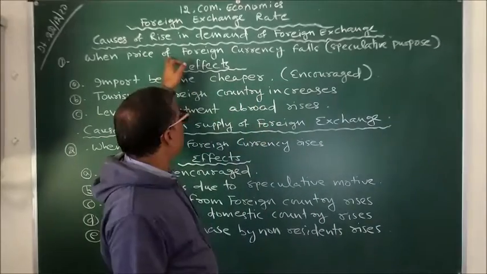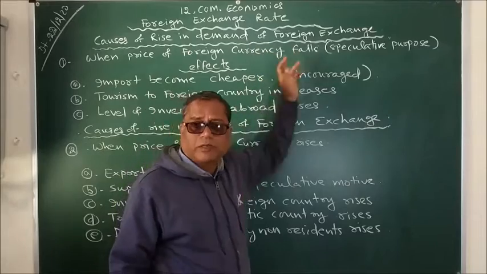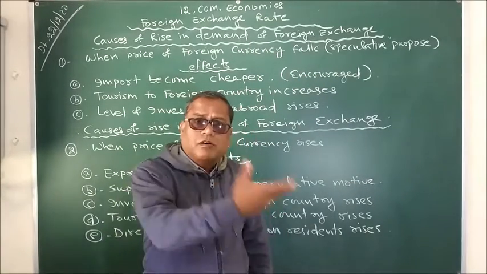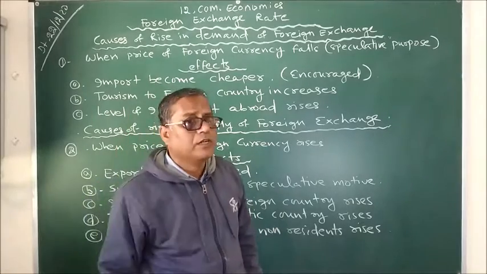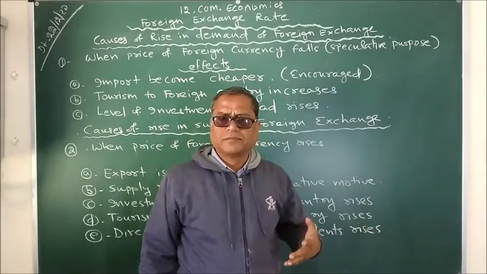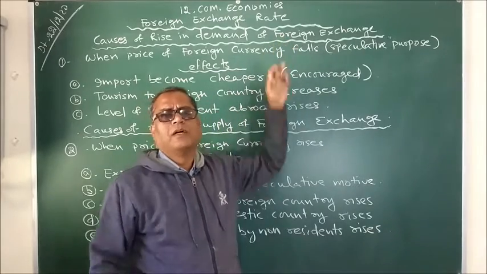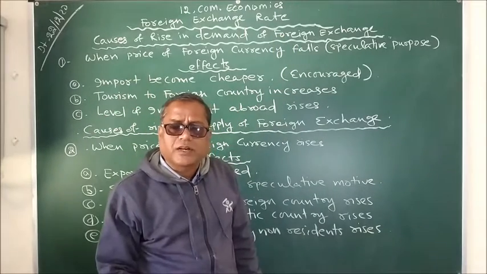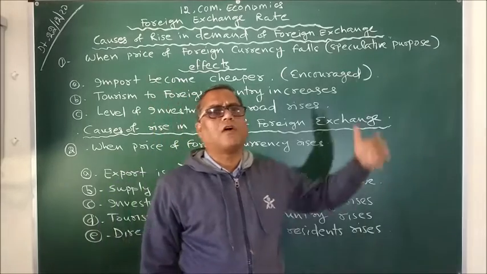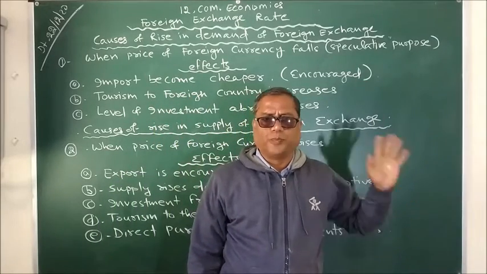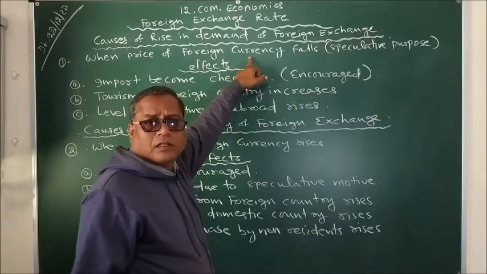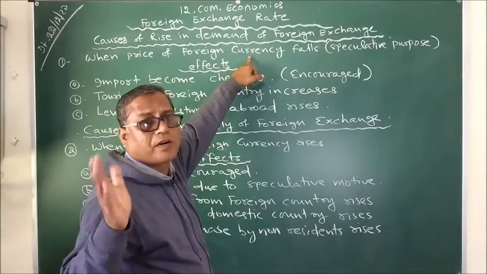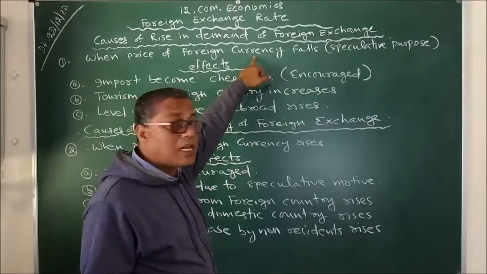And the price of foreign currency falls means now we have to pay less than 50 rupees, say 40 rupees to purchase $1. Hence, this is a case of depreciation of foreign currency or appreciation of our domestic currency, that is rupee.